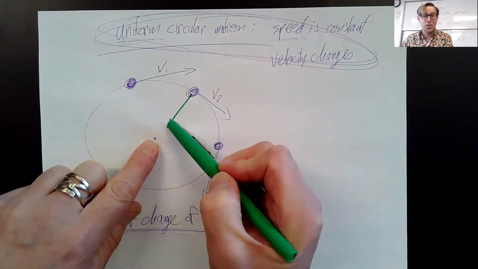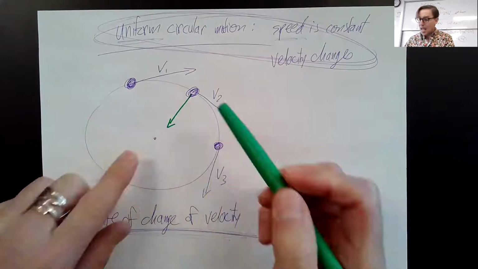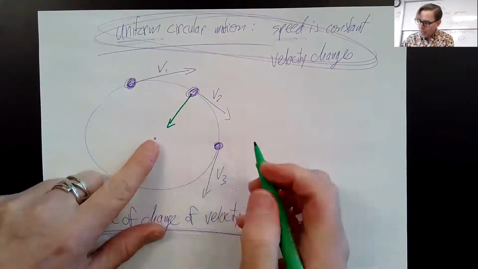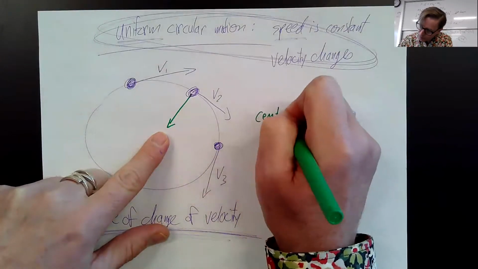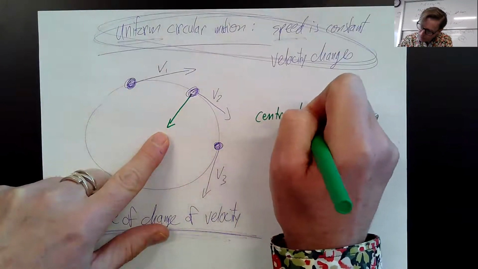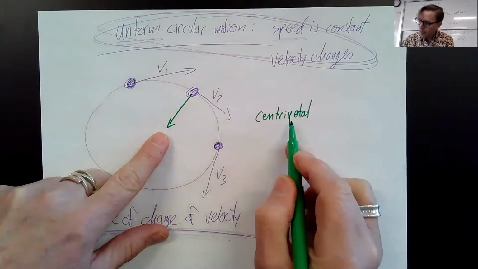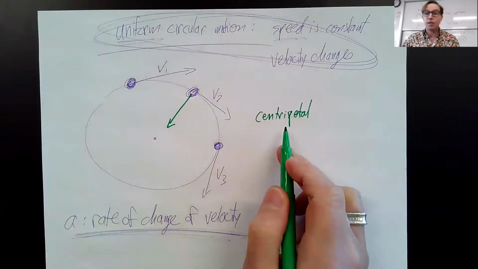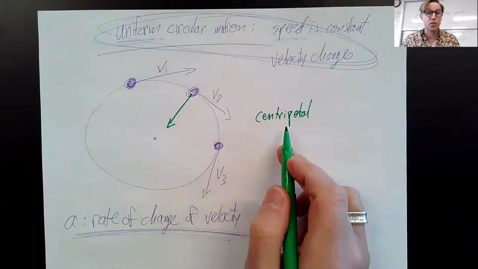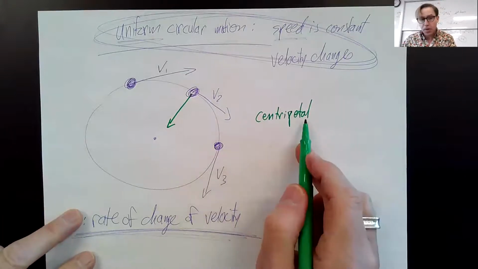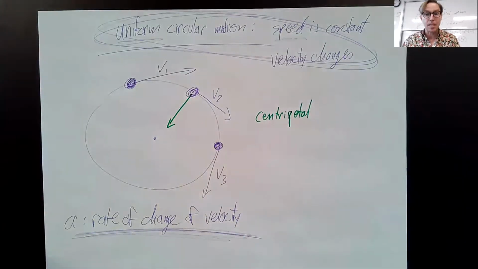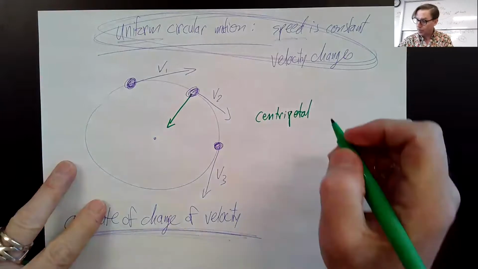So this direction matters. And this direction has a name, centripetal. I have heard people smarter than me say centripetal. So say whatever you want. I say centripetal though. Centripetal is an adjective that means toward the center.